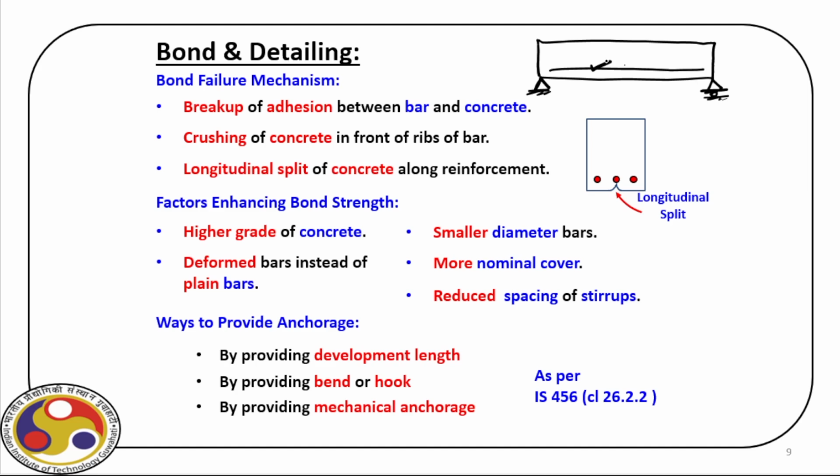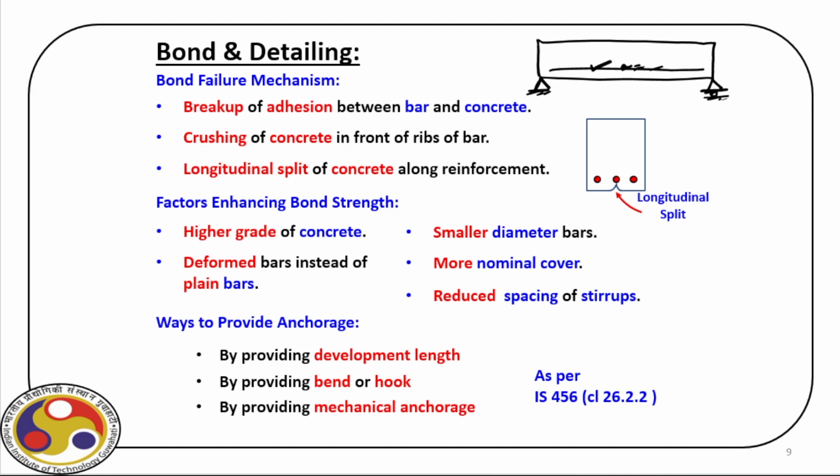The second type is crushing of concrete in front of ribs of bar. So we have this type of helical ribs. Just in front of these ribs, just imagine the concrete between these 2 ribs, this may be under compression. So there may be a failure of this concrete in front of the ribs of the bar, and that may lead to a bond failure.